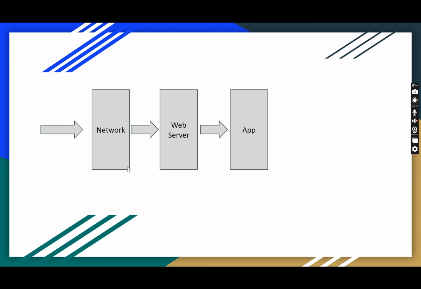The network layer covers the firewall, the network components, the ISPs, the load balancer, everything. Behind that our web server comes. The web server can be Nginx, Apache, IIS, or something else. The last layer is our application, which could be a web application, an API, or anything that is served over the internet.